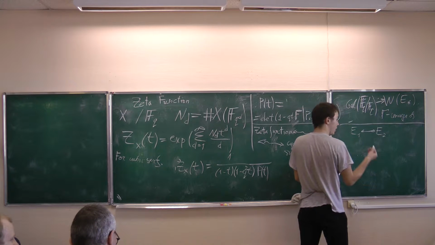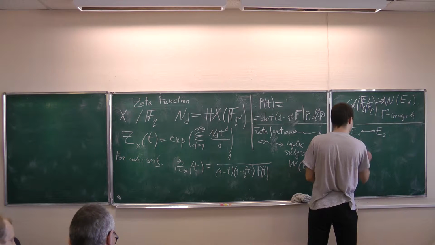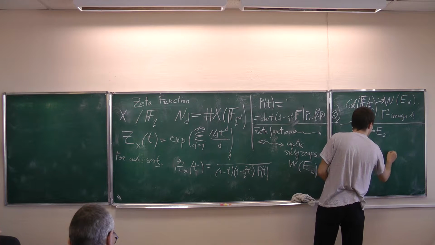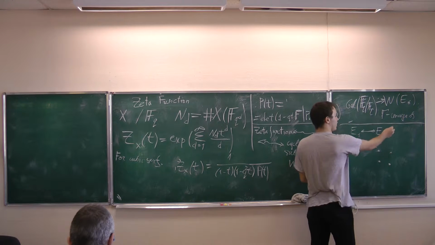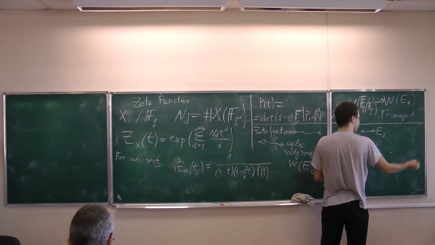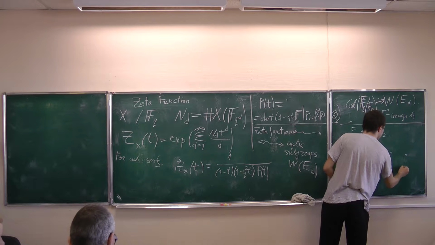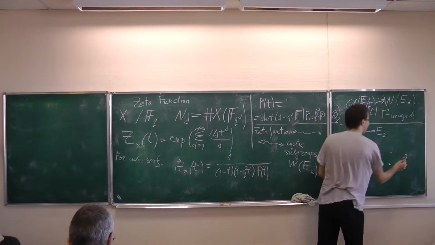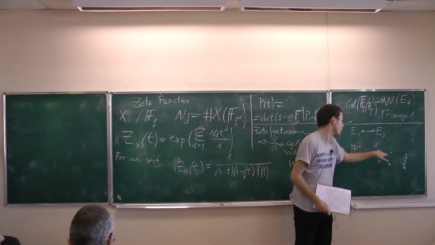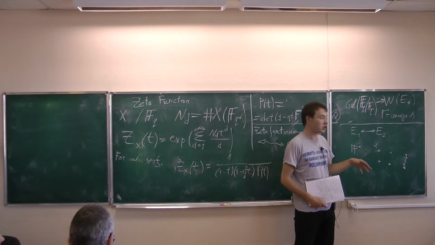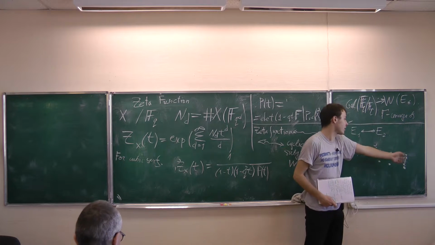Well, I can blow down 6 divisors, and I will have a projective plane with 4 fixed points, which correspond to E3 to E6, and 2 points which are permuted. But if I have a geometric automorphism of the projective plane which fixes 4 points not lying on a line, then it's trivial. So it can't permute the other two points.